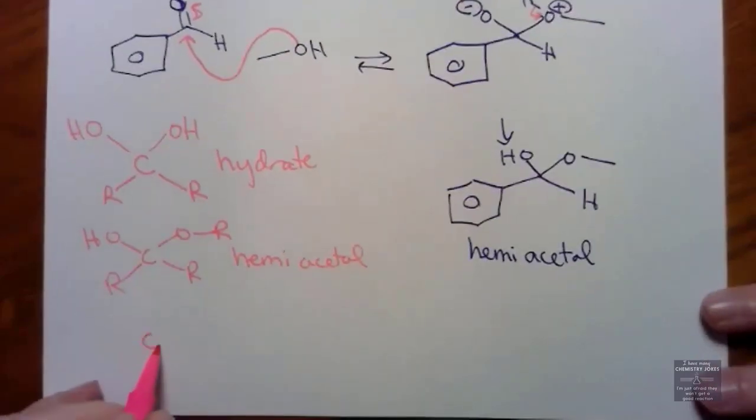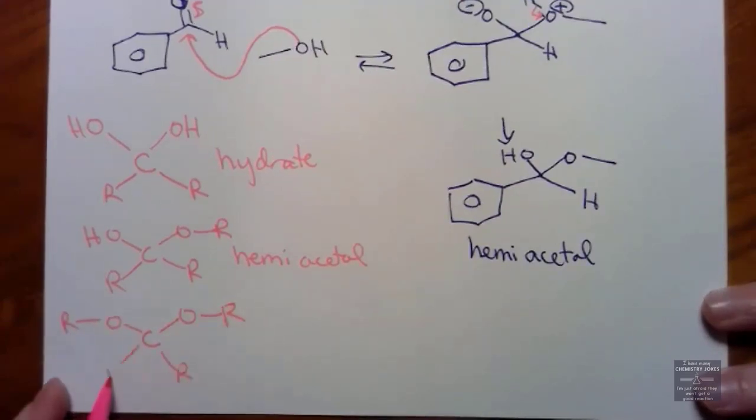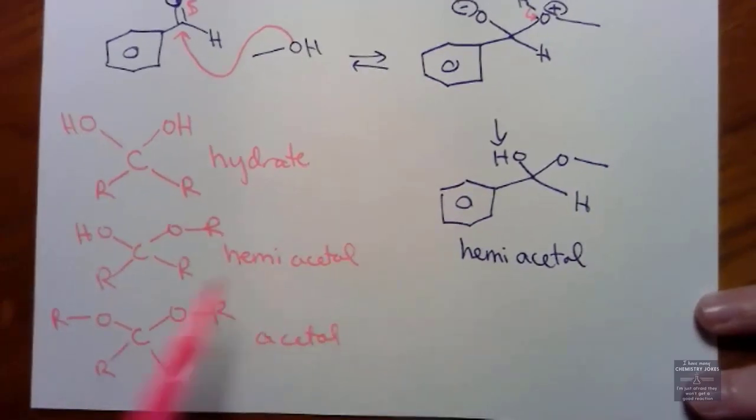If I have a single carbon with 2 ORs on it, that is officially an acetal. So a hemiacetal is halfway between a hydrate and an acetal. It's a half acetal.